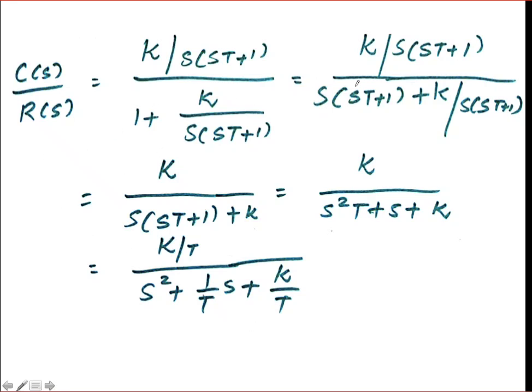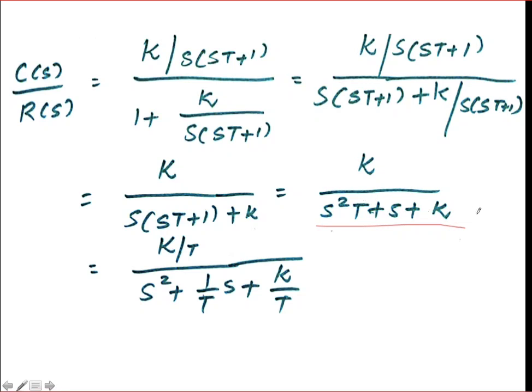This is a simple mathematical calculation, with simple cross multiplication and division only. You will get K divided by s squared T plus s plus K.